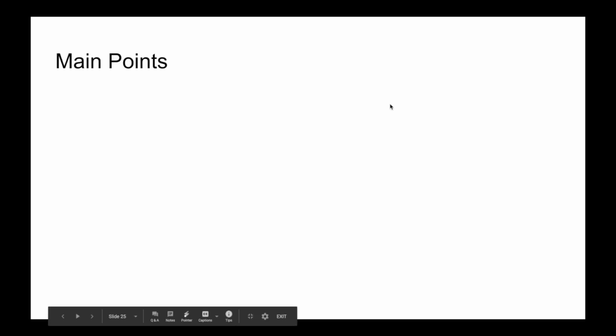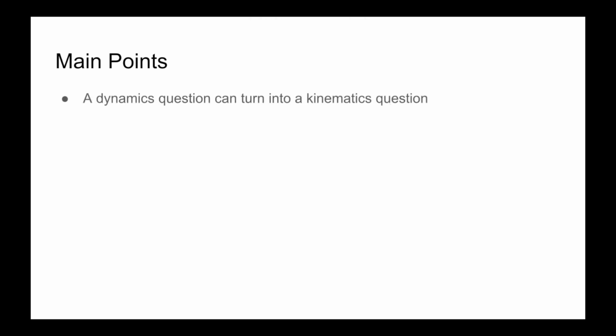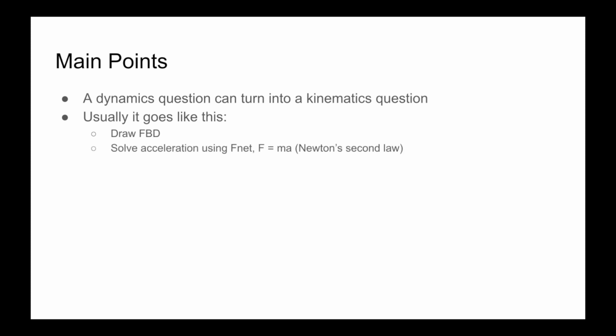All right, so just to summarize, here are the main points. A dynamics question can turn into a kinematics question, and this is usually how it happens. So first you draw a free body diagram of some scenario involving forces, and you solve for the acceleration of the object using Newton's second law and by thinking about the net force.